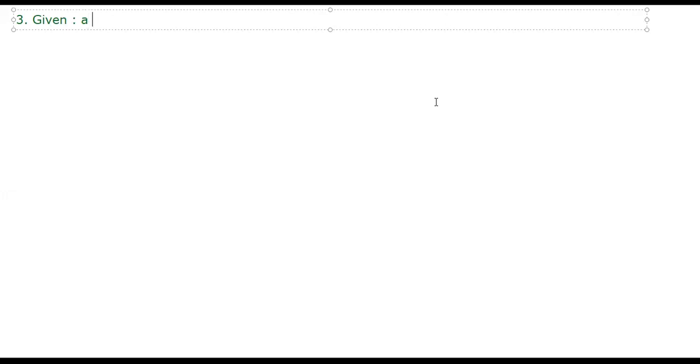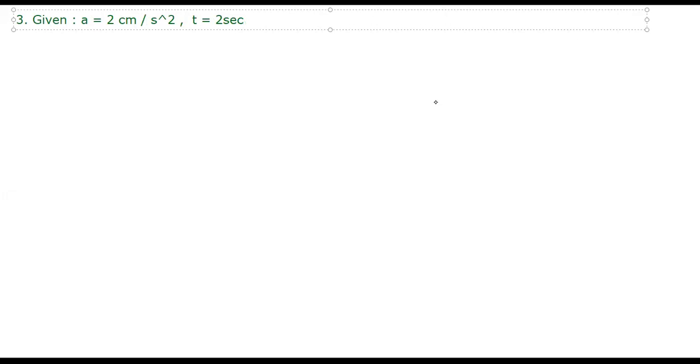Given: acceleration is equal to 2 centimeter per second square. We will keep it in centimeter only, it doesn't matter, so that our answer will also be in centimeter per second square. Time is equal to 3 seconds.